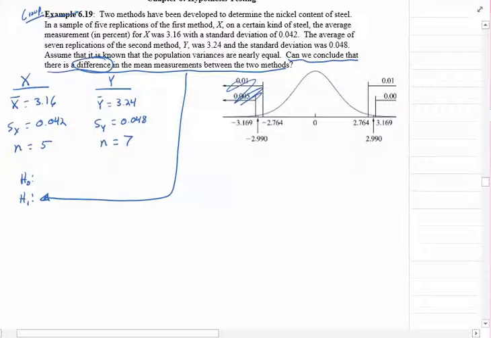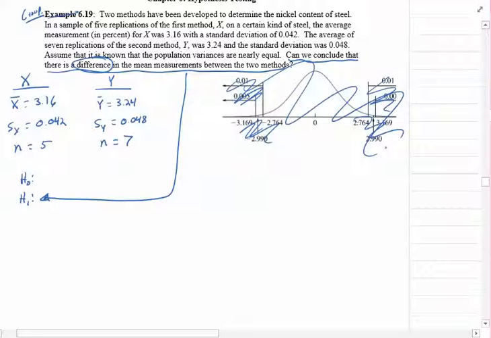And again, ignore all this business. Just got rid of all that.